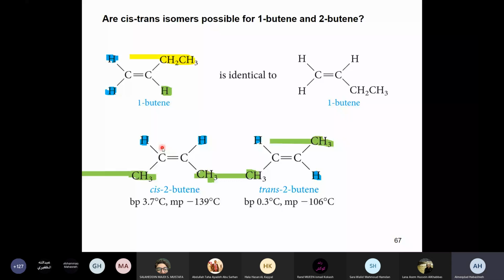Okay, so this is the cis, and if you replace the methyl by hydrogen here and the hydrogen by methyl, you're gonna have the trans. The hydrogen is facing hydrogen, the methyl is facing methyl, while here methyl is facing hydrogen and hydrogen is facing methyl, which is totally different than this stereoisomer. So we have cis and trans, and we understand now how can we know whether this compound can have stereoisomers or not.